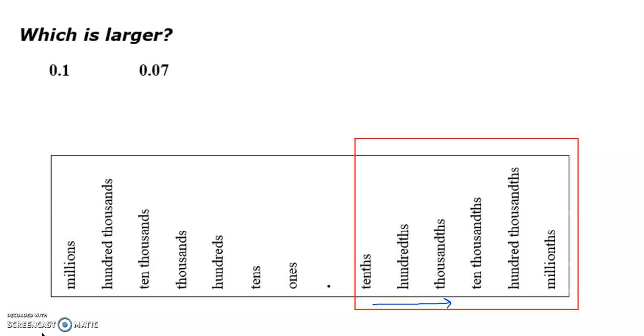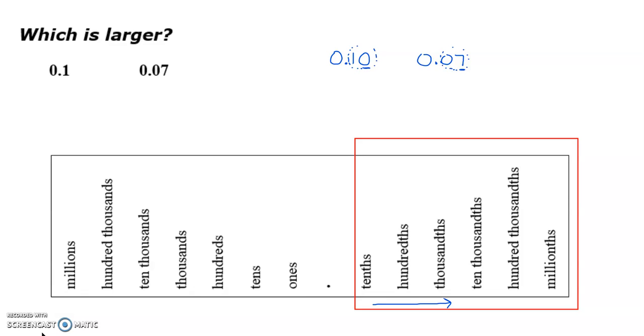We're getting smaller. Another way we can look at it is, well, why don't we just make them have equal number of decimal places? And that works very well. So we can take the 0.1 and we can put an extra 0 on there. And then we can compare that to 0.07. And now we have them both going out to the hundredths place, but we can read it like this number is 10 and this number is 7.